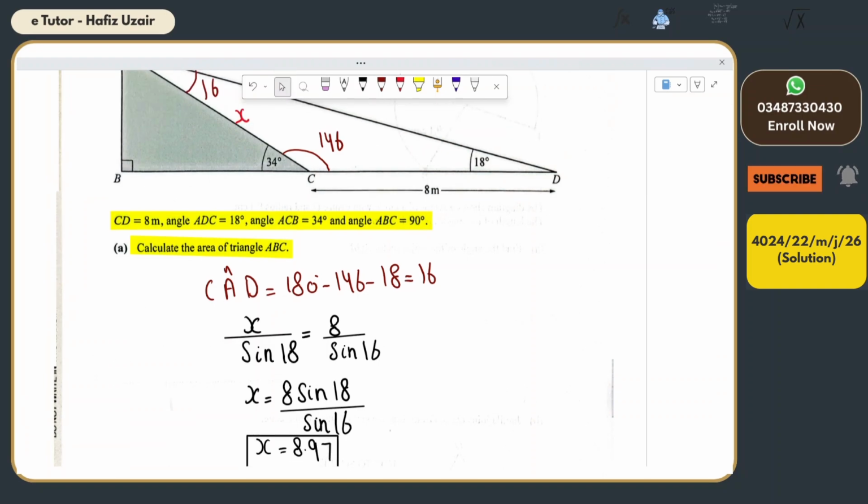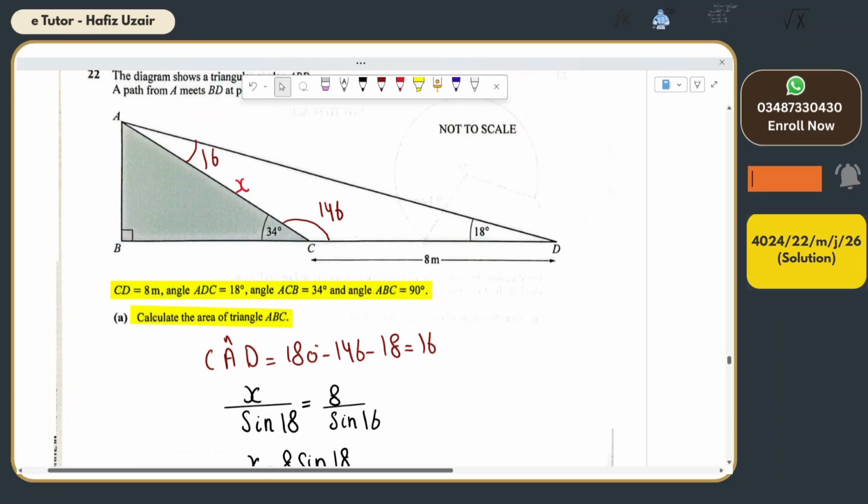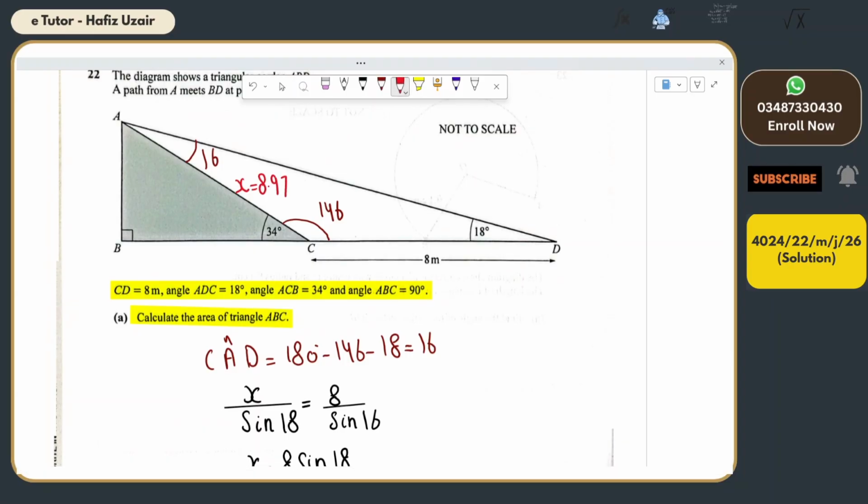All right, now we have 8.97 over here. Now you have a right angle triangle. Let's draw this triangle separately. This is 8.97 and this is 34, and we can easily find any side from here by using trigonometric ratios. Let's say we need to find this side, which is the perpendicular.